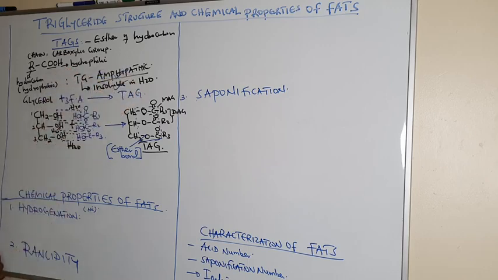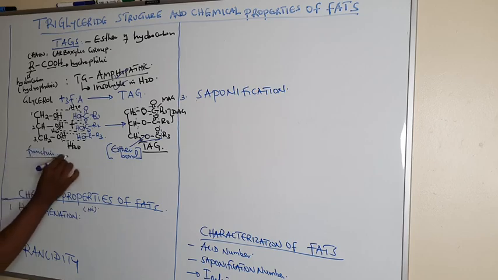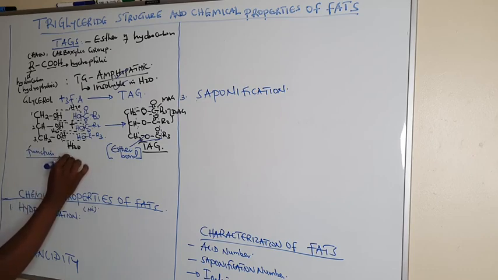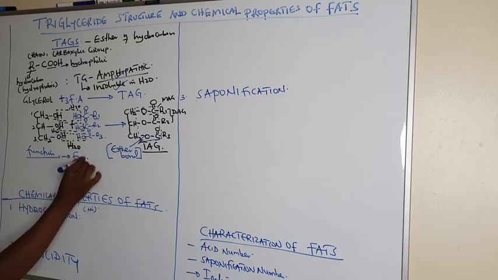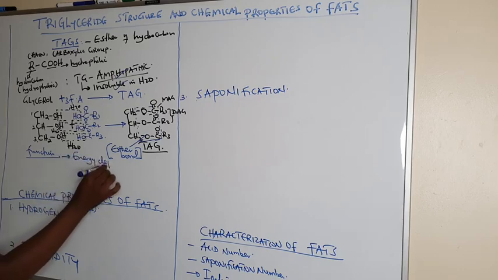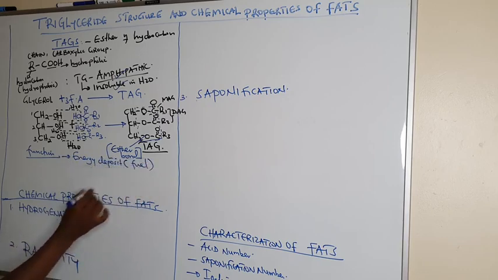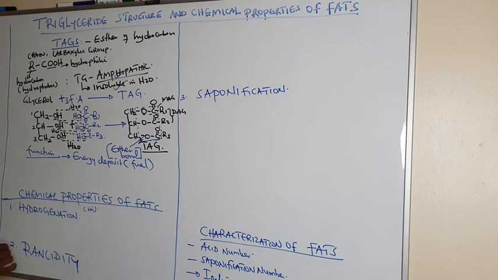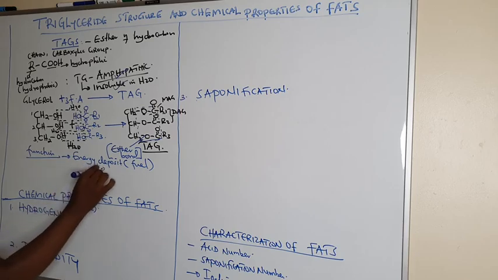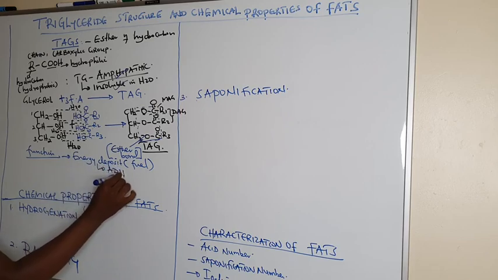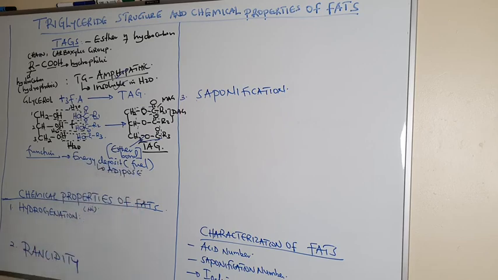And this triacylglycerol, its major function in the body is that it is the major energy fuel. It is the energy deposit, whereby energy or fuel is kept in the form of triglycerides within the adipose tissue.